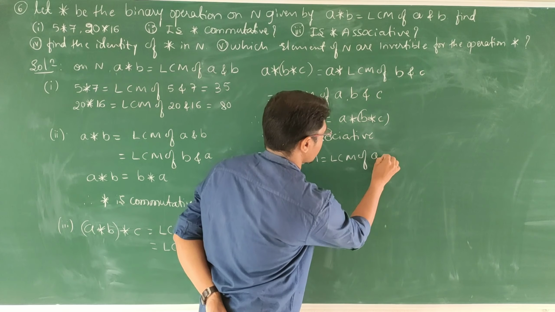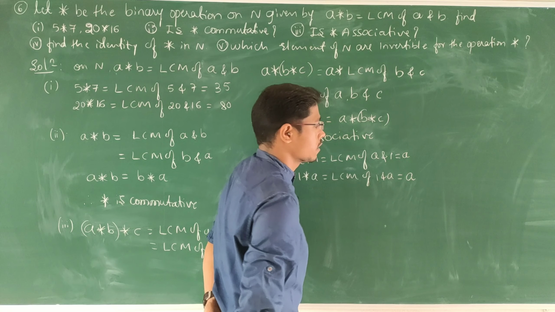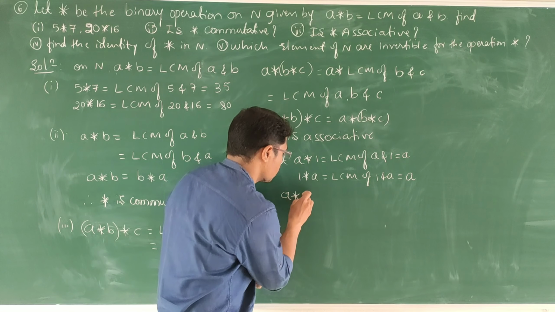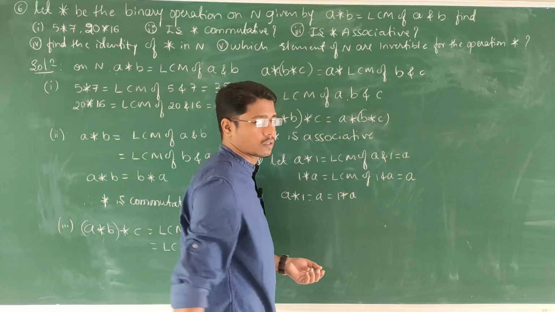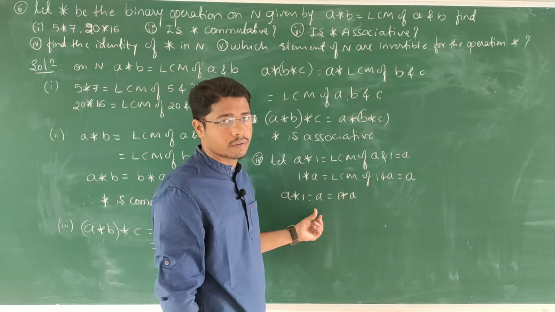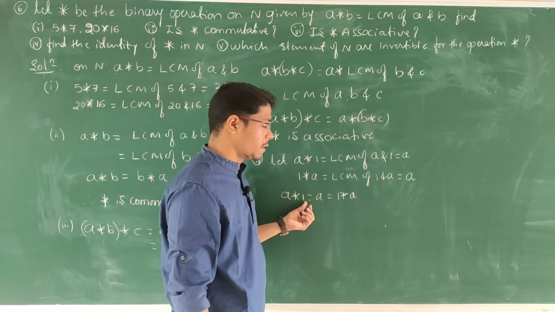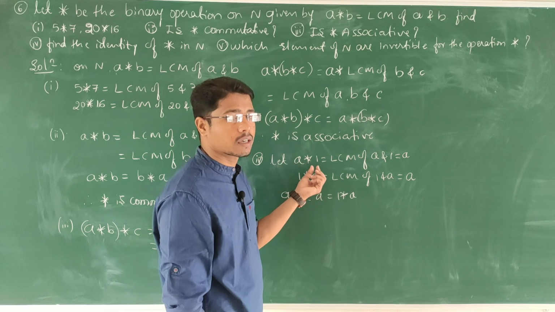This is equal to a. Next, 1 star a equals the LCM of 1 and a, which is equal to a. So a star 1 equals a, which equals 1 star a. This satisfies the definition of identity. Therefore 1 is the identity element of the operation star on N.